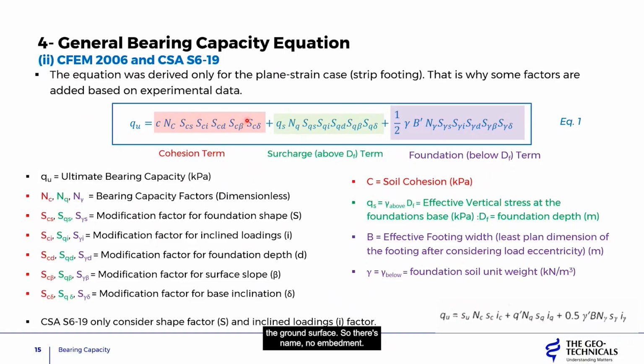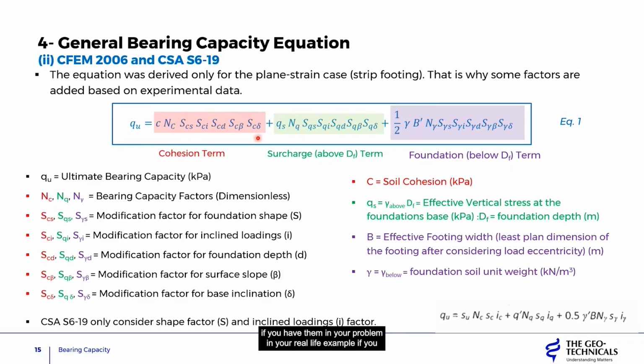If there's no sloping ground, then beta with Q and gamma, all of this will equal 1. If there's no inclination, the last terms are all going to equal 1. So what I want to say is, you might have all these five factors equal 1, and it does not affect the calculations at all. So you're going to add them if you have them in your problem, in your real life example.